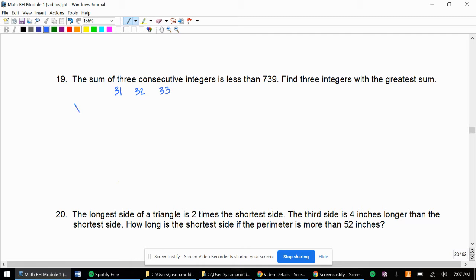So that would mean that x equals the first integer. The next integer is x plus 1, one higher. And the third integer would be x plus, well, if I want to get from 31, which was my first, all the way to 33, I would have to add 2.